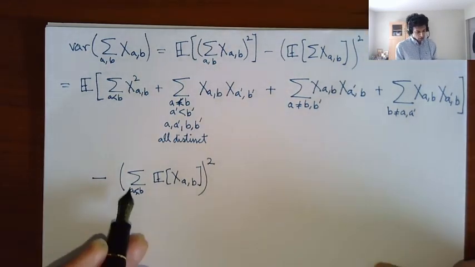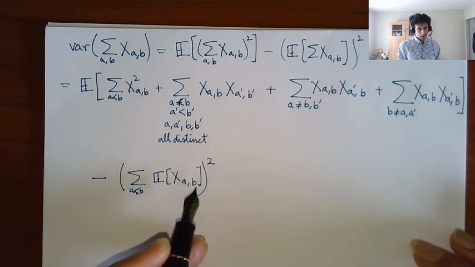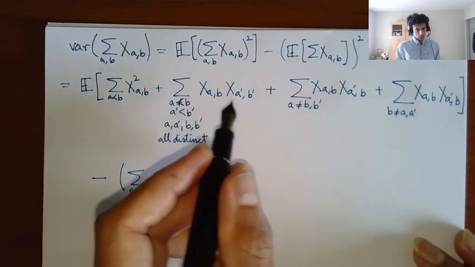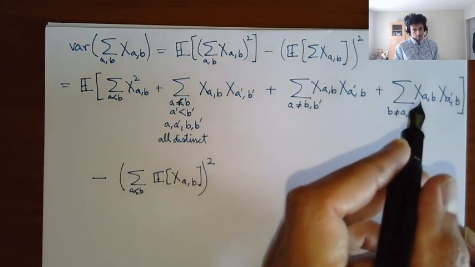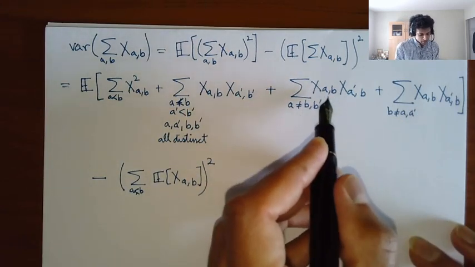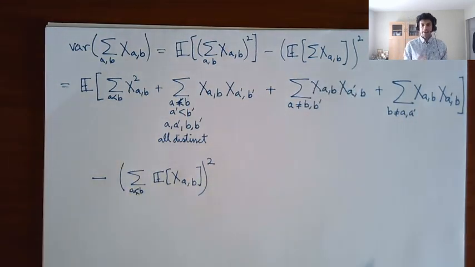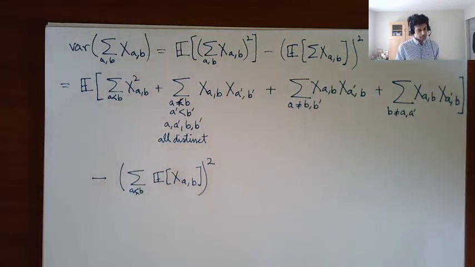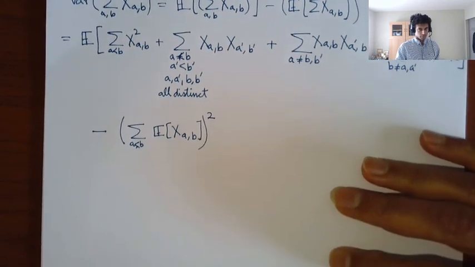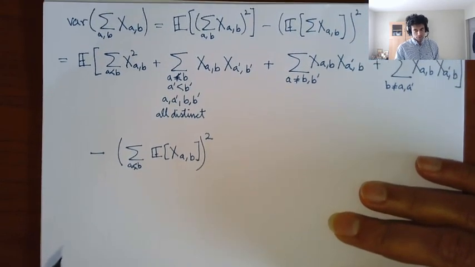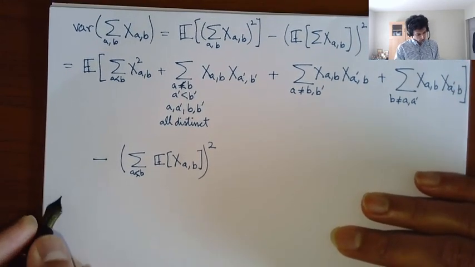Note that this expansion is going to generate terms that look a lot like these, except instead of xab we actually get the expectation of xab. Okay, so does this make sense? All right, let's plow through these a little bit more.